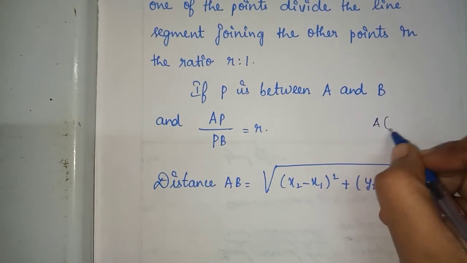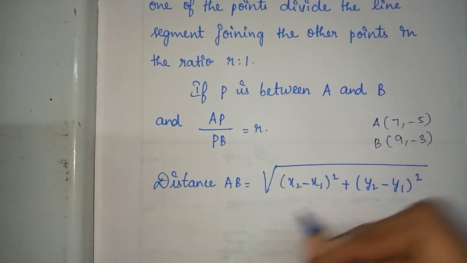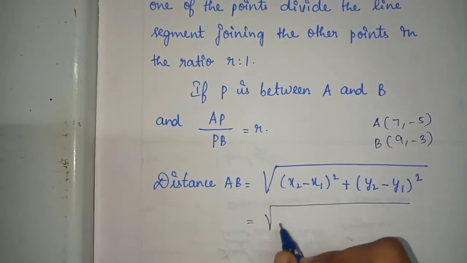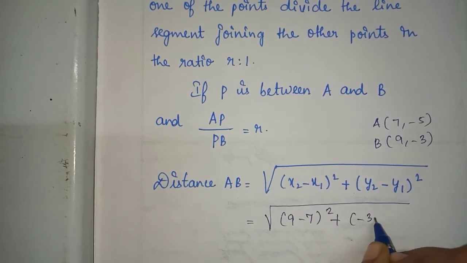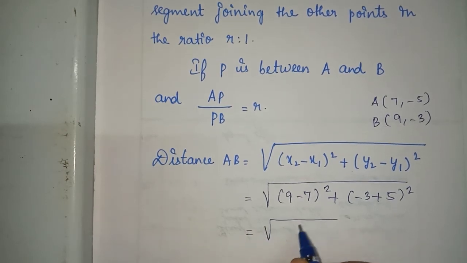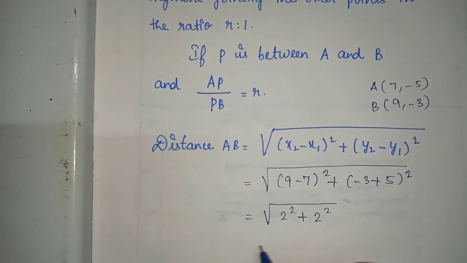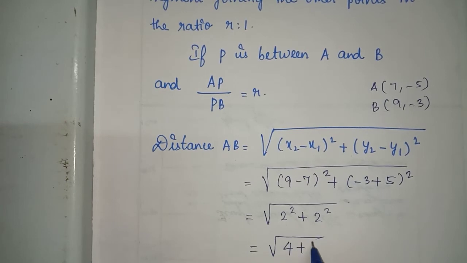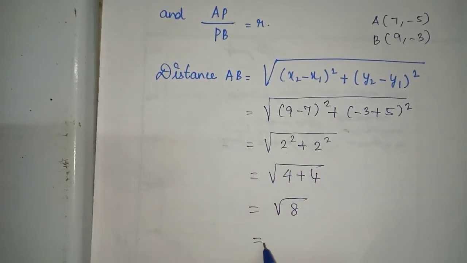The point A is (7, -5) and B is (9, -3), which is equal to root of (9 minus 7) the whole square plus (-3 minus into minus, plus 5) the whole square, which is equal to root of 2 square plus (-3 plus 5, which is also 2) square, which is equal to root of 4 plus 4, which is equal to root 8, which is nothing but 2 root 2.